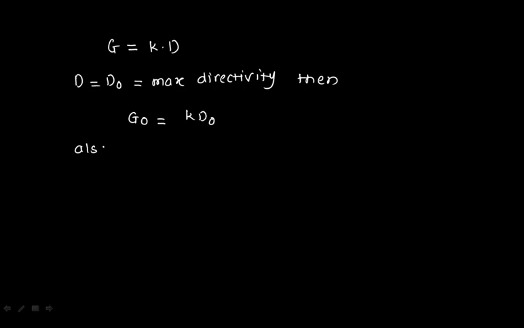So if D is equal to D0, which is nothing but the maximum directivity, then I can say my G0 is equal to K D0, also maximum. If your directivity is maximum, in that case you will have a maximum gain.